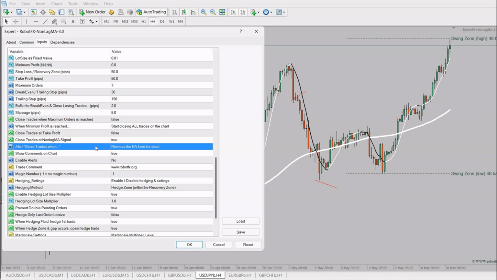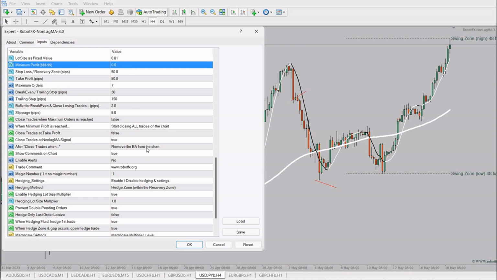It can be useful in this scenario. Like I said, maybe you are hedging, you have opposite trades on the chart, you want to focus on closing all of them in profit or at a profit break even, which means you don't want to lose any money on those buys and sells while hedging.